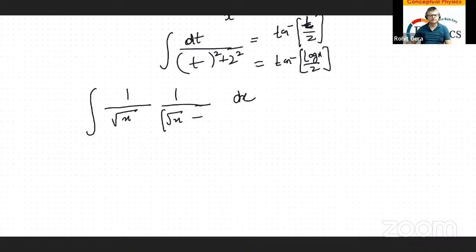So this is under root of x minus a square.